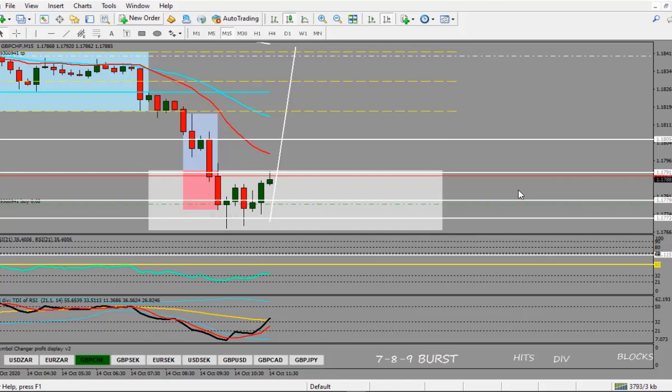Another thing that I want you to understand is how the EMAs are laid out. So we have the 50, then we have the 200, and then we have the 800. Retail traders were seeing this morning as a downtrend. So they were like, oh, it's a downtrend, price must go down. And market makers showed them that the price was going down.